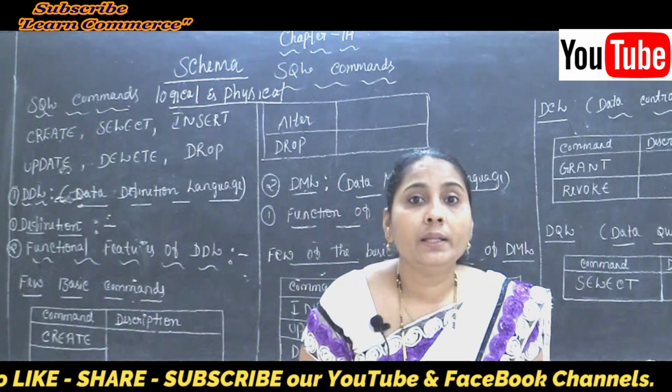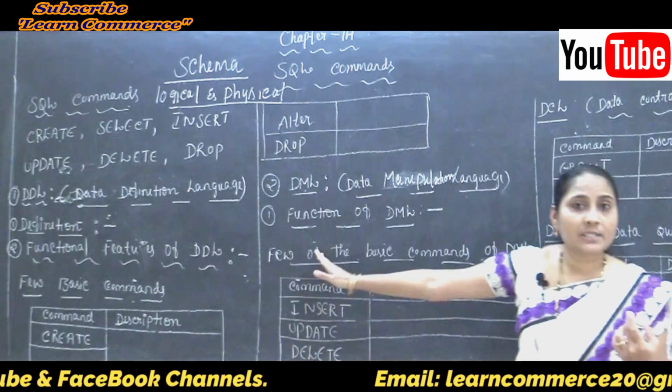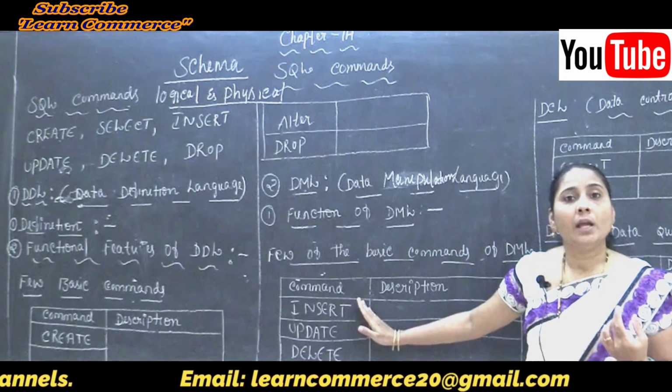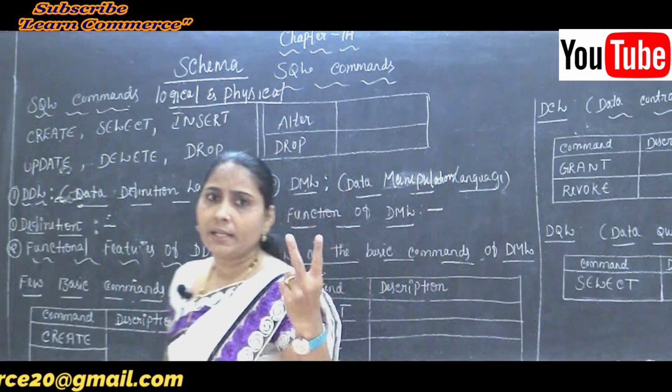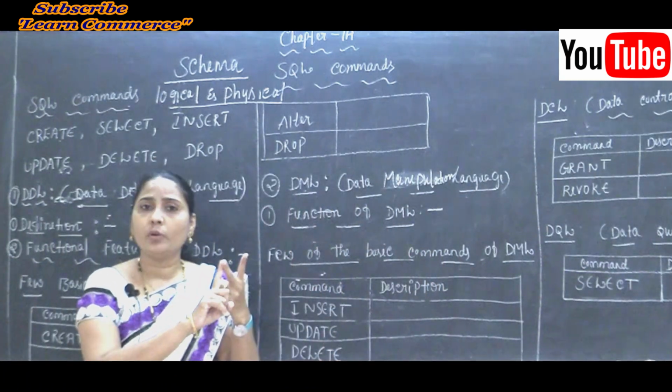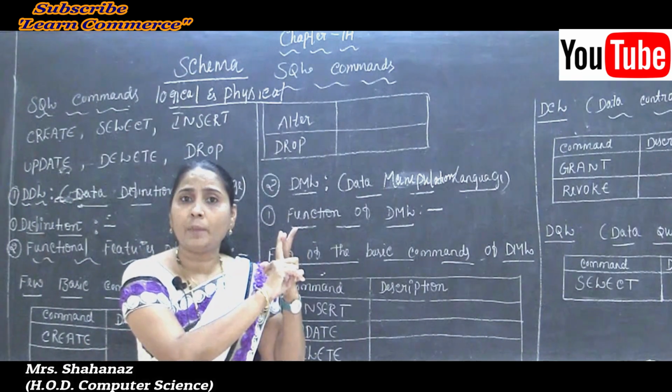And the last feature of the DML is that it provides an independent programming language. DML is called the SQL language or the DML language. The SQL only, why? Because SQL is classified into two types, DDL and DML. We know that some commands go with DDL and some commands go with DML.